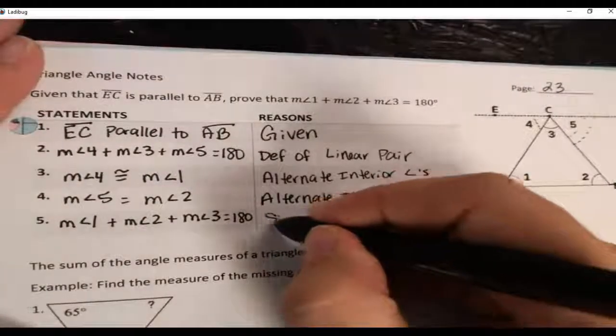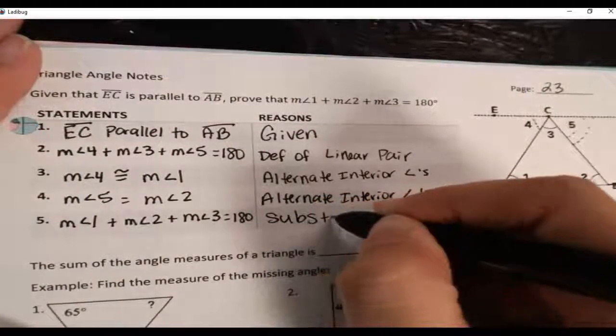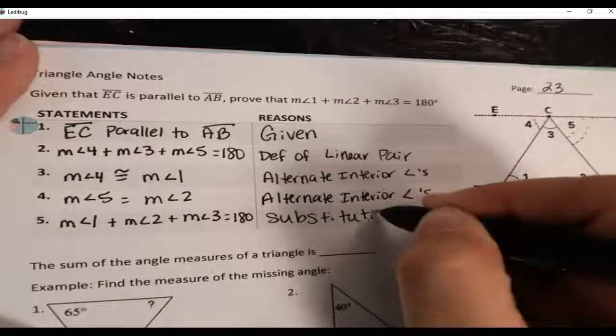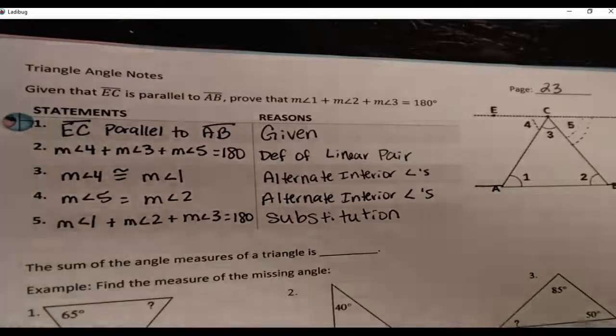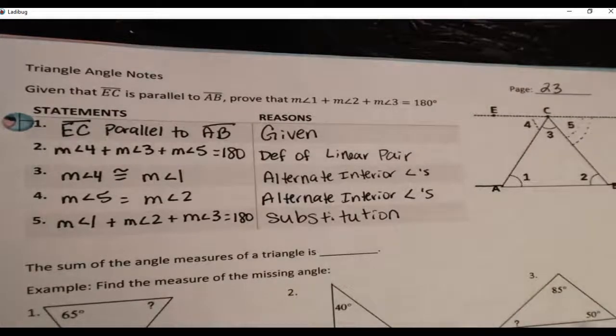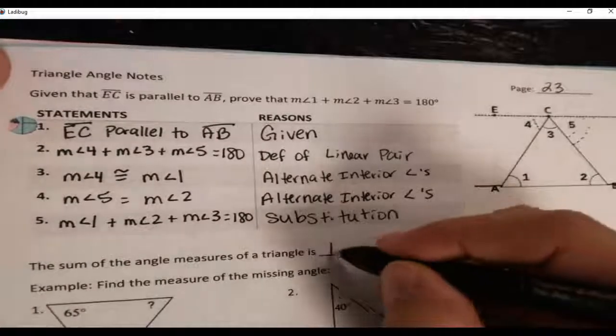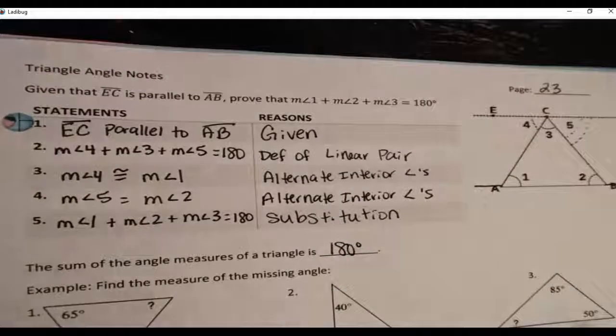Substitution. Good. And we wrote our first geometry proof. Yay! And like I said, we'll do more later. So we did all of that to say that the sum of the angle measures of a triangle is 180 degrees.